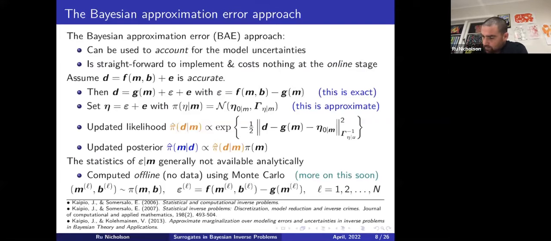In this approach, we can essentially account for, or approximately account for anyway, the model uncertainties. One of the real benefits of this approach is that at the online stage, once you actually have the data, it leads to no additional costs.